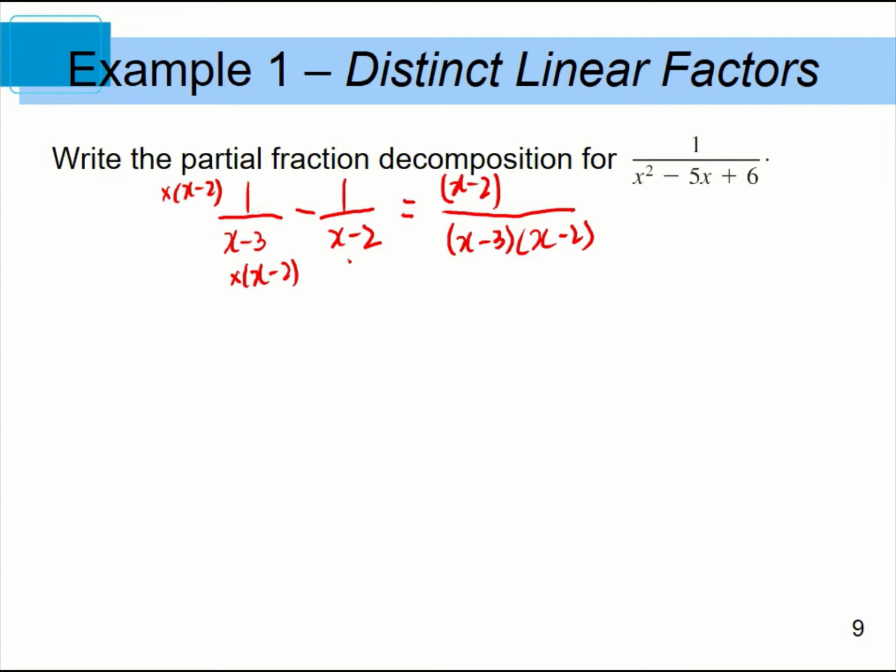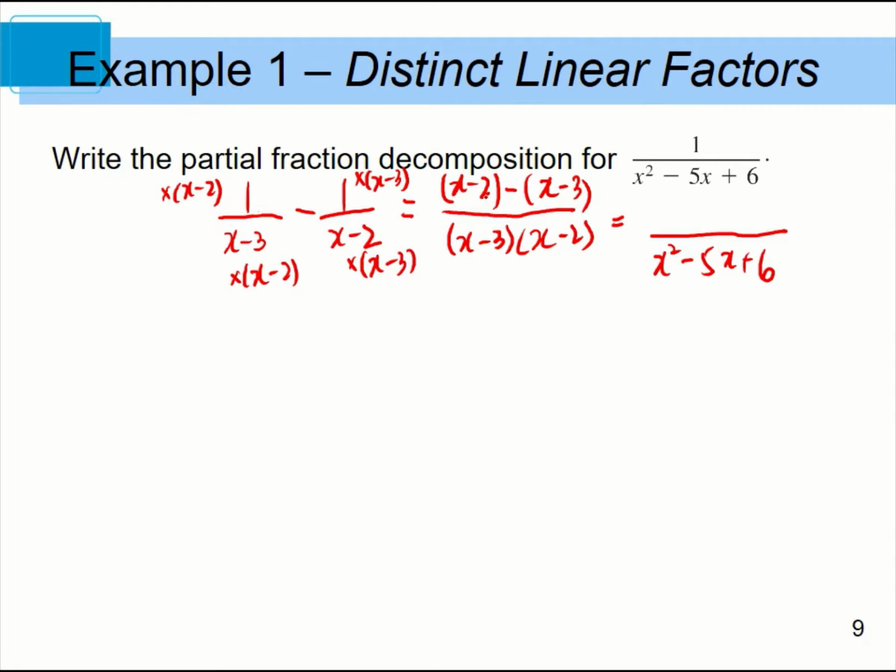For the second one, we multiply by x minus 3, top and bottom, and here we have minus (x minus 3). For the bottom, if we expand, we will get x squared minus 5x plus 6.